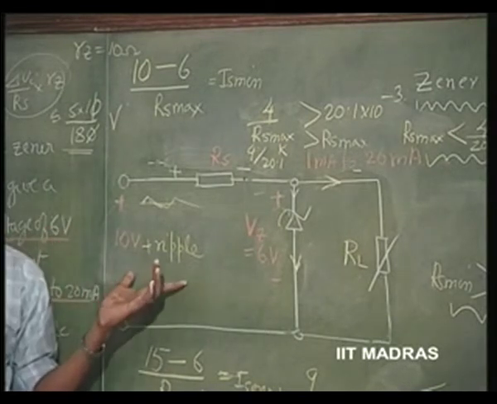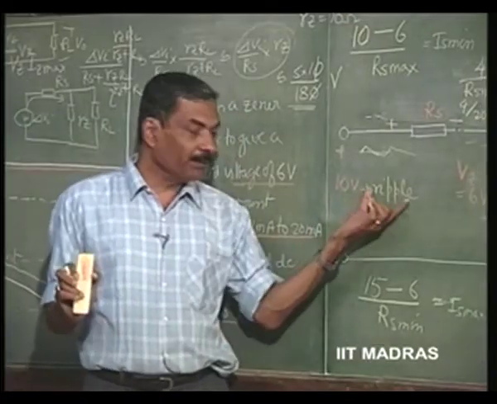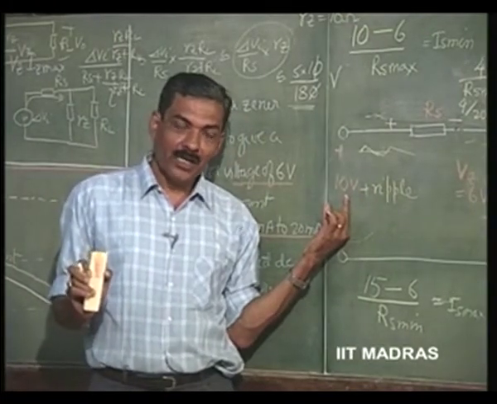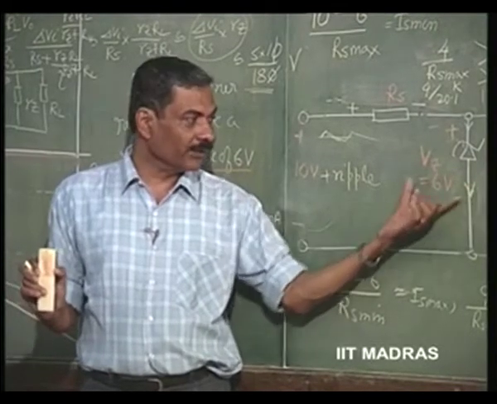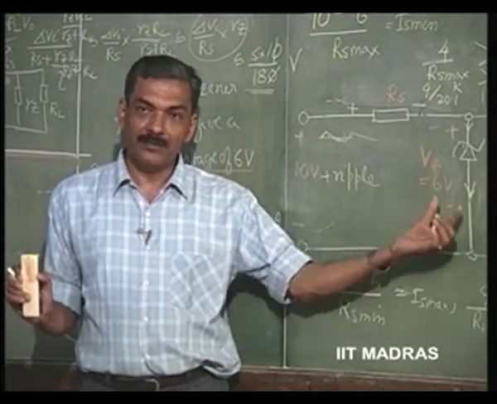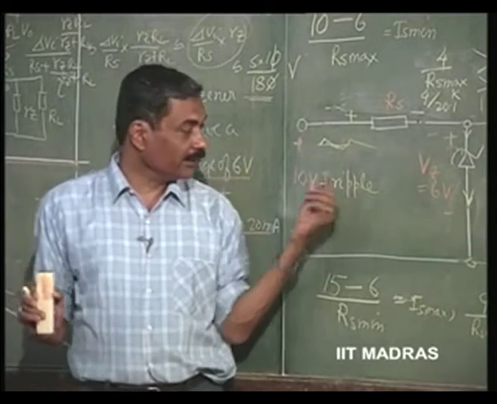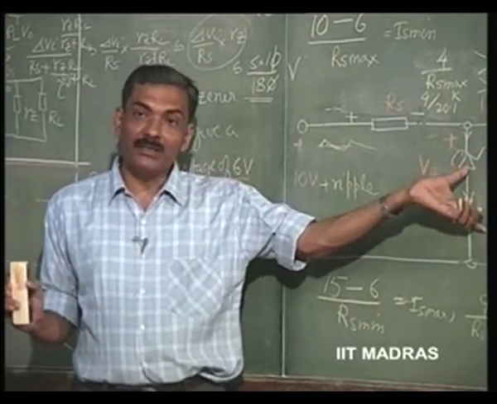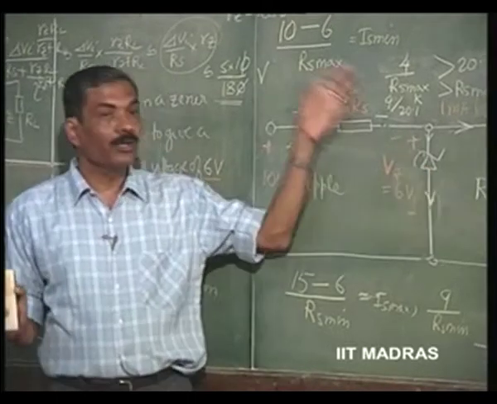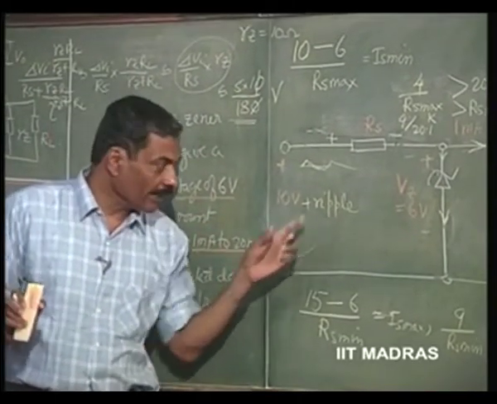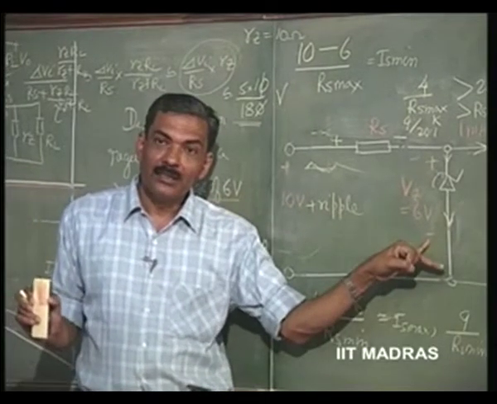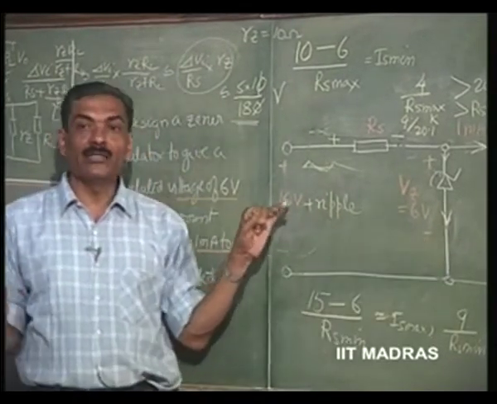Apart from that, we can also find out when there is a ripple riding over the DC voltage, how much ripple reduction occurs here. So, the 6 volts, apart from being slightly different from 6 volts, how much is the ripple that is going to be riding over the 6 volts also can be found out by using the same equivalent circuit. This equivalent circuit is more valid for ripple reduction than for this large voltage change.